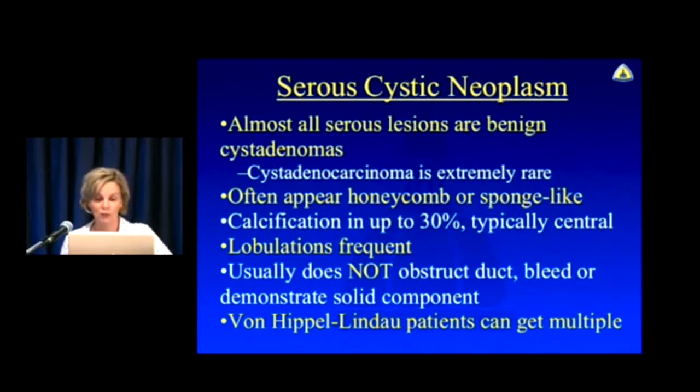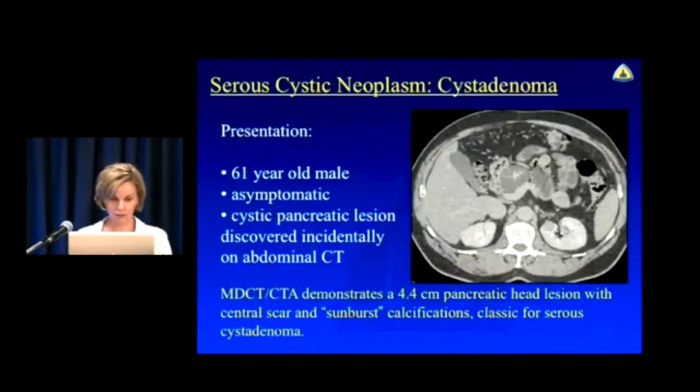Lobulations are frequent. It usually will not obstruct the duct. Now, any mass that gets large enough can obstruct the duct because of mass effect, but usually, especially the smaller lesions, won't obstruct the duct. So you won't see ductal dilatation, and that's a differential that you can use between a serous cystic neoplasm and an IPMN. And also it's important to remember that patients with von Hippel-Lindau get serous cystic neoplasms.